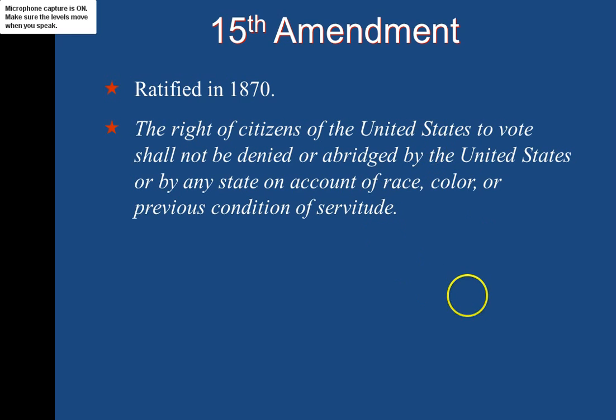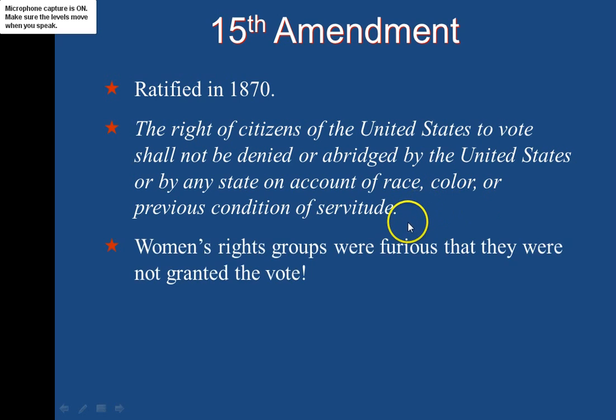So on the surface, this looks like African Americans get the right to vote, and it's like justice. Got to tell you though, women's rights groups were totally mad, because they had been picketing and fighting for the right to vote for years and years.